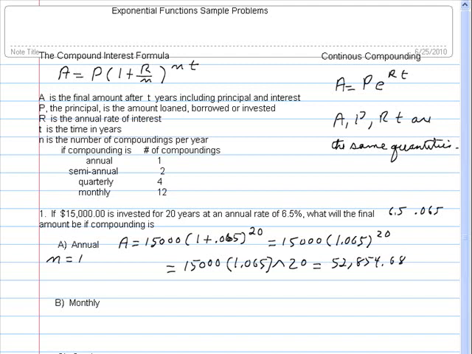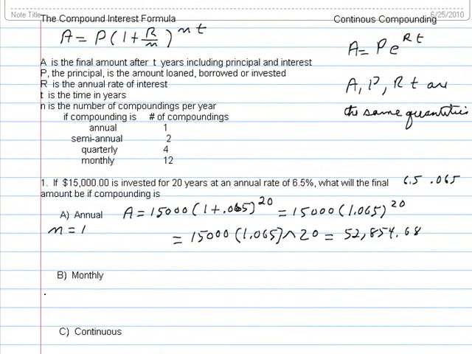In the second problem, all the facts remain the same except that compounding is now monthly, so N is now 12. But other than that, we plug in everything the same. P is still 15,000. But now when we come to 1 plus R over N, we put 0.065 over 12.